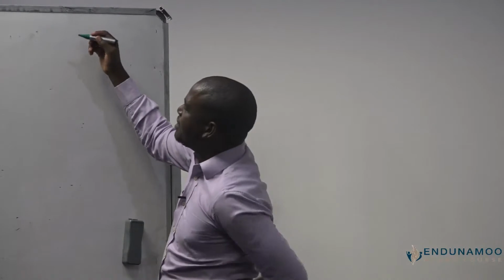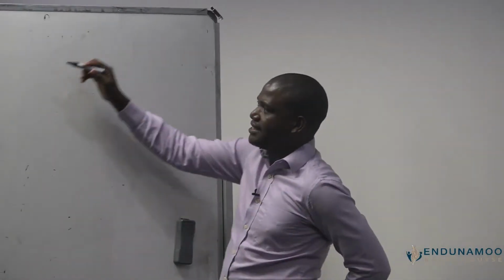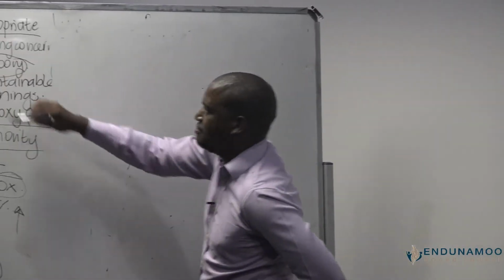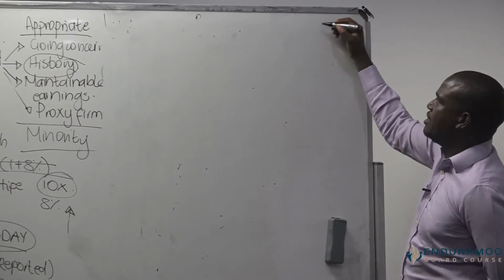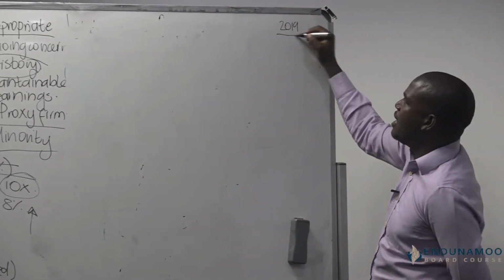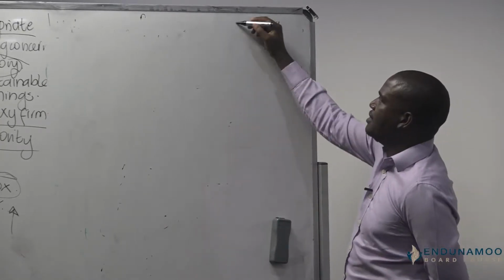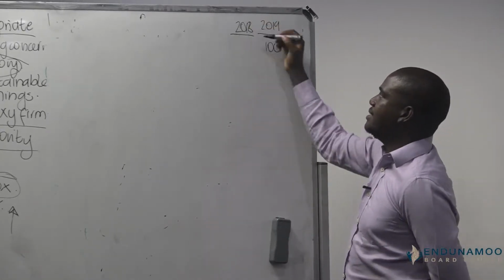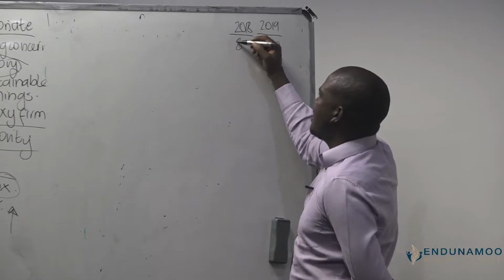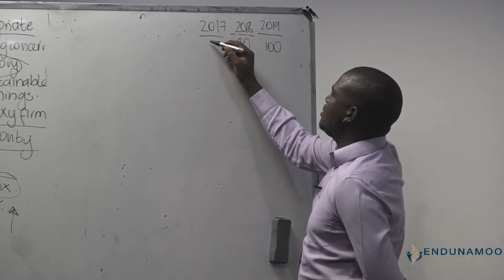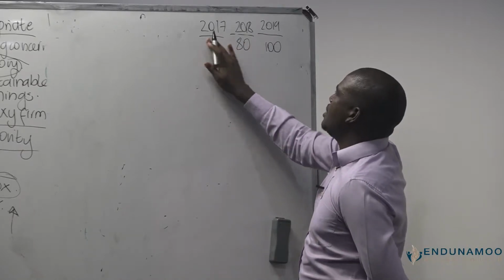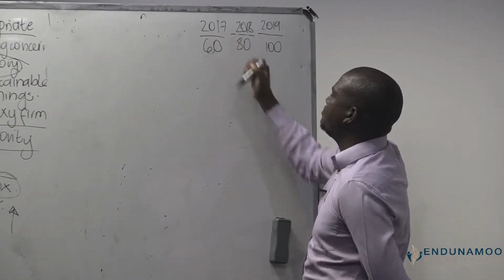So the weighted average earnings approach is when you've been given history. Remember that I said one of the requirements is history, right? So I could be sitting here saying that we're in 2019 and the earnings in 2019 are 100. In 2018, it was 80. In 2017, let's say 60.